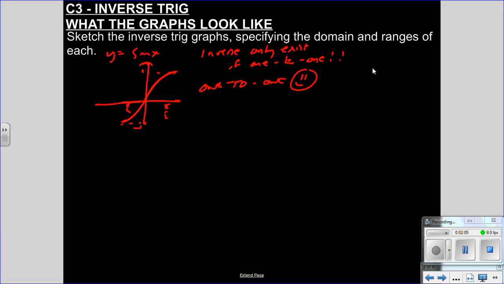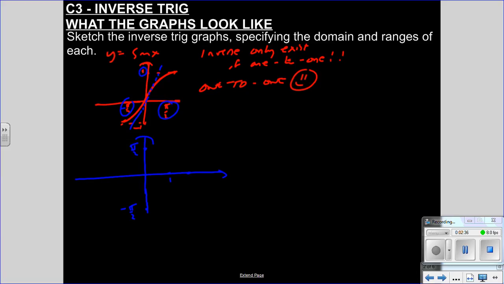So how do we draw an inverse function? Remember, we draw it by reflecting in the line y equals x. So all the x's and y's flip over. So the x of pi by 2 now becomes the y of pi by 2. The y of 1 becomes the x of 1. And the minus pi by 2 becomes your y.